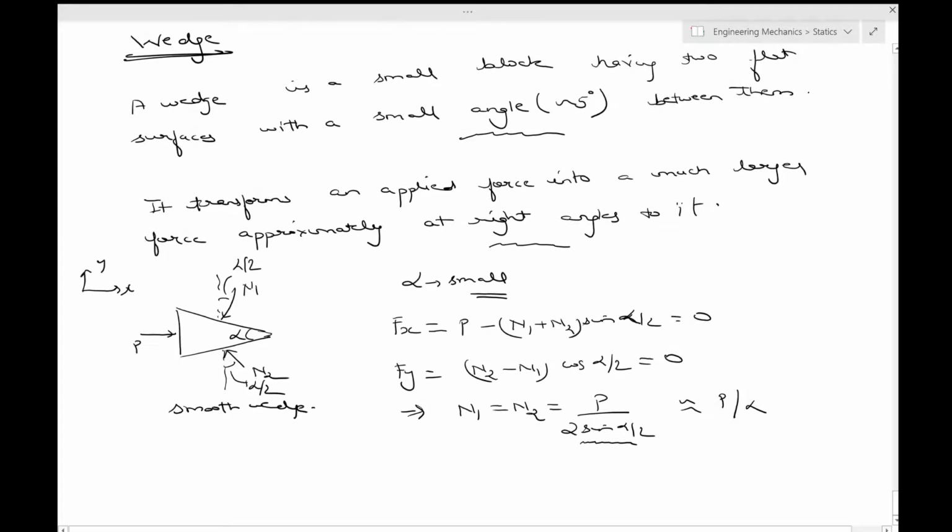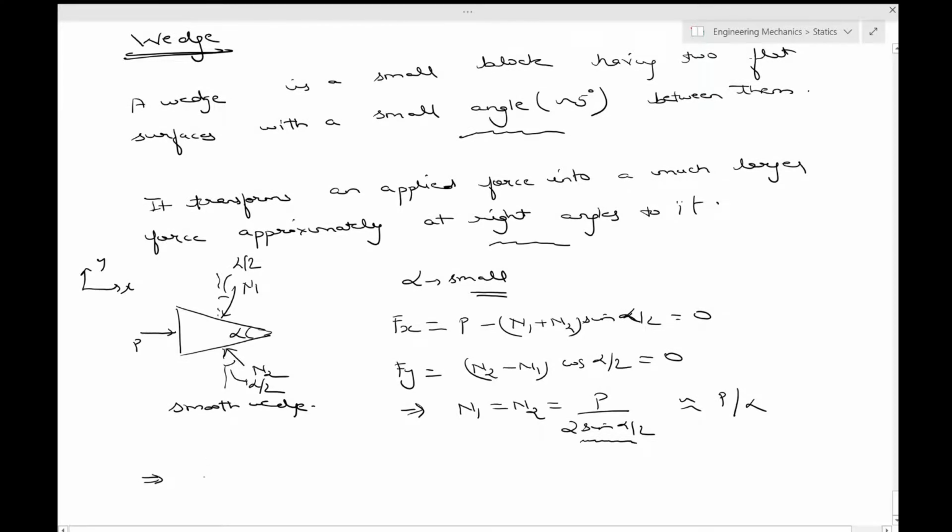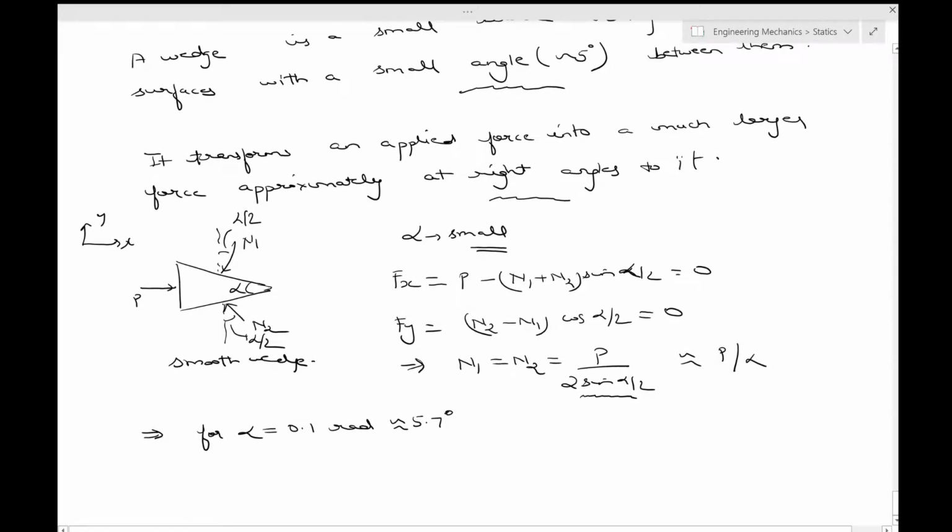Okay. So what this implies is that for alpha equal to 0.1 radians, 5.7 degrees, N1 will be equal to 10P. What does that mean? That if you apply a small P, then it gets magnified to N1.